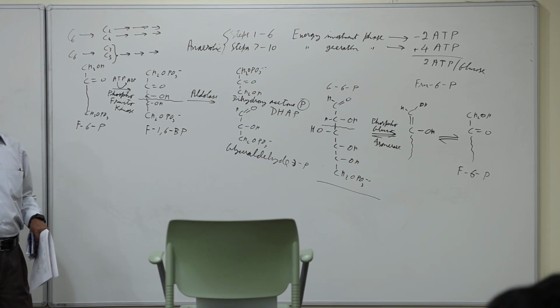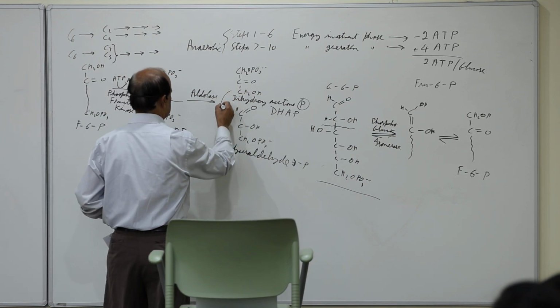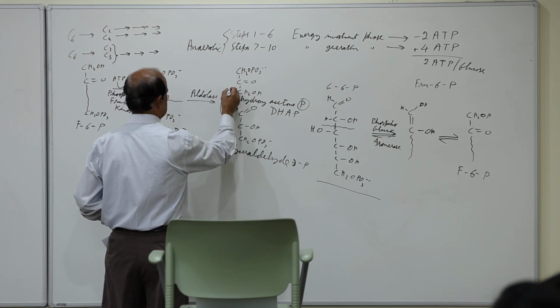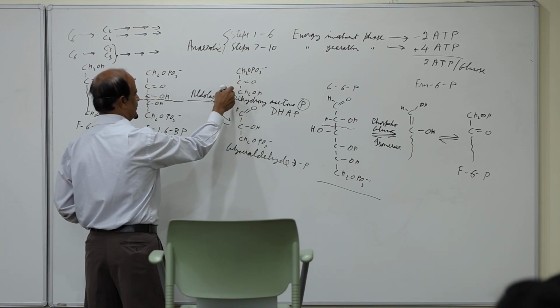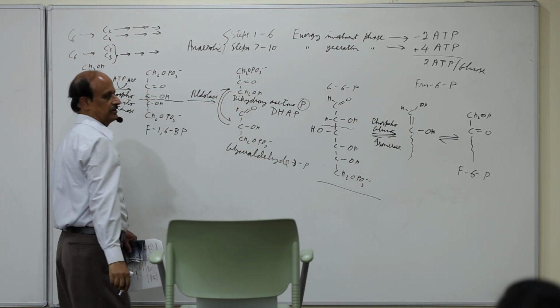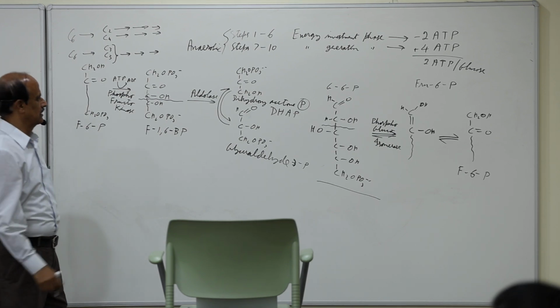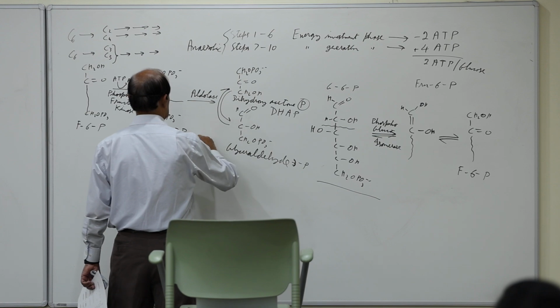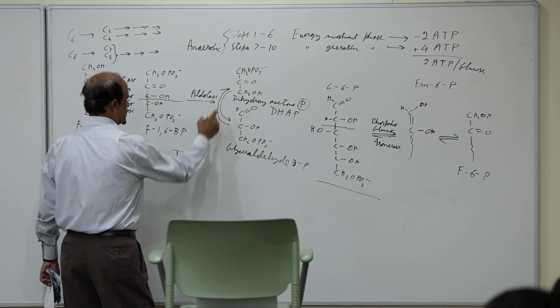But you want only one set of enzymes after this, not two sets. That means this must be converted to this one. So these are actually in equilibrium, the glyceraldehyde 3-phosphate and the dihydroxyacetone phosphate. The name of the enzyme is triose phosphate isomerase, because it's a 3-carbon sugar.